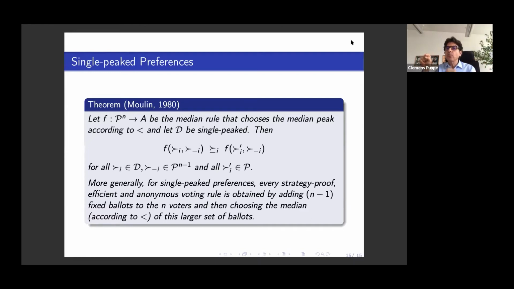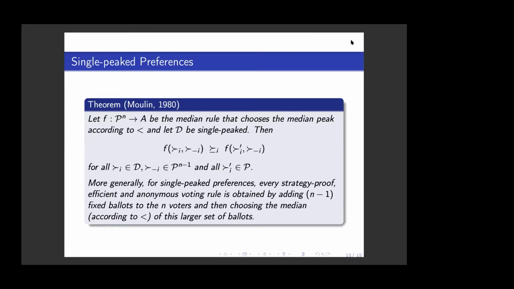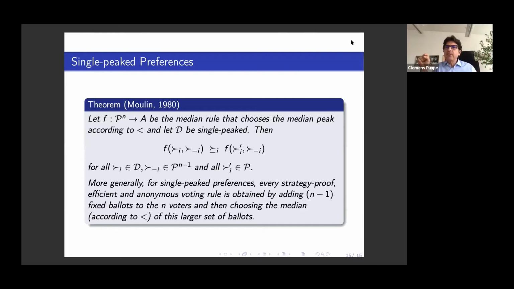And therefore, you don't want to do this, because you risk that the candidate moves even further away from your true optimum. So that's why, under the median rule, the weakly dominant strategy in the corresponding voting game is to tell the truth. This is called strategy proofness.